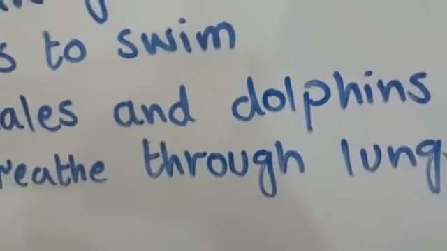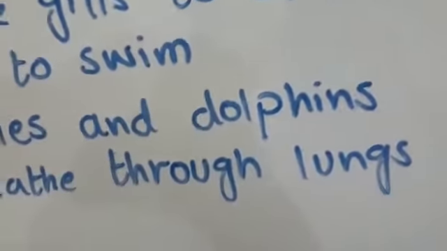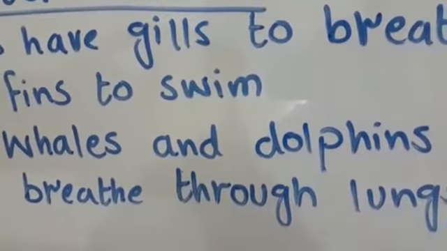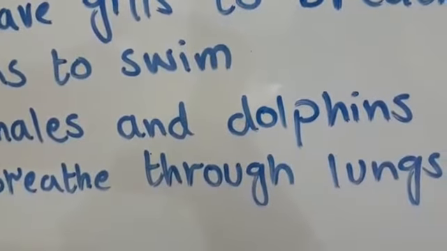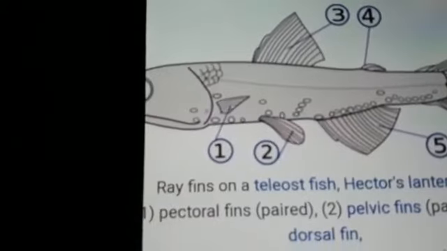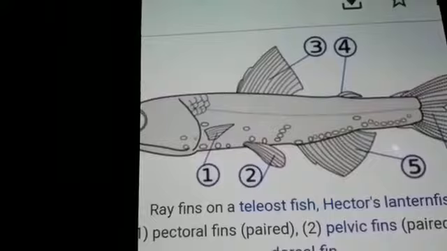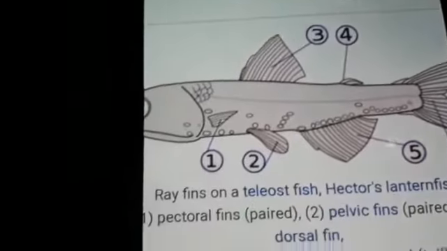But except whales and dolphins, these two, they breathe through lungs. You can see on the board, they breathe through lungs. Clear? Okay, you can see the structure, the appearance of the fish. When you draw a fish with a pencil on the page, you draw these things. These are all the fins.